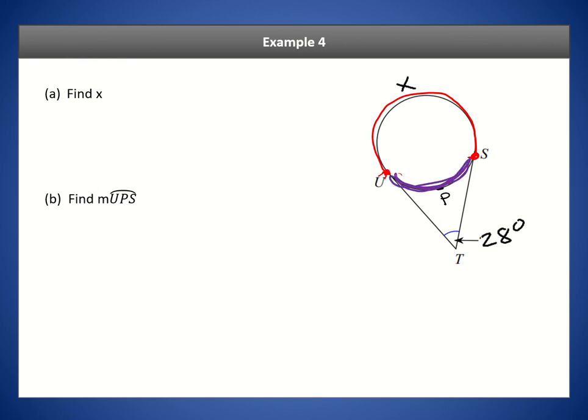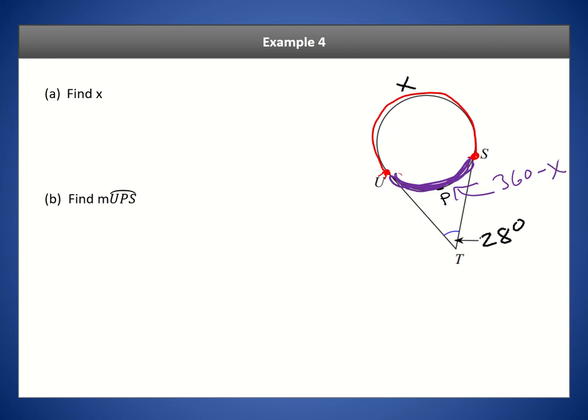So we have to take the difference between the red and the purple arcs. Now, we know that the red arc is x. To get the purple arc, whatever x is, we subtract it from 360, because the red and the purple clearly add up to 360, a full circle. So if the red is, say, 100, then the other one has to be 360 minus 100. So this is going to be 360 minus whatever x is.